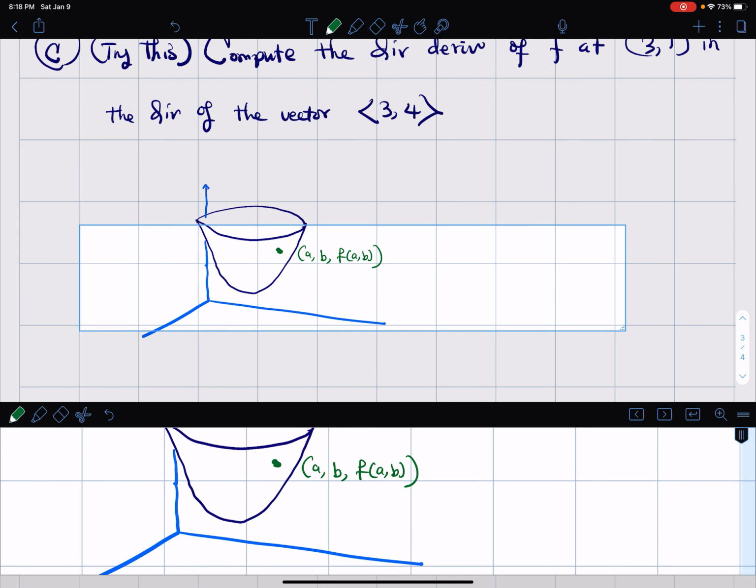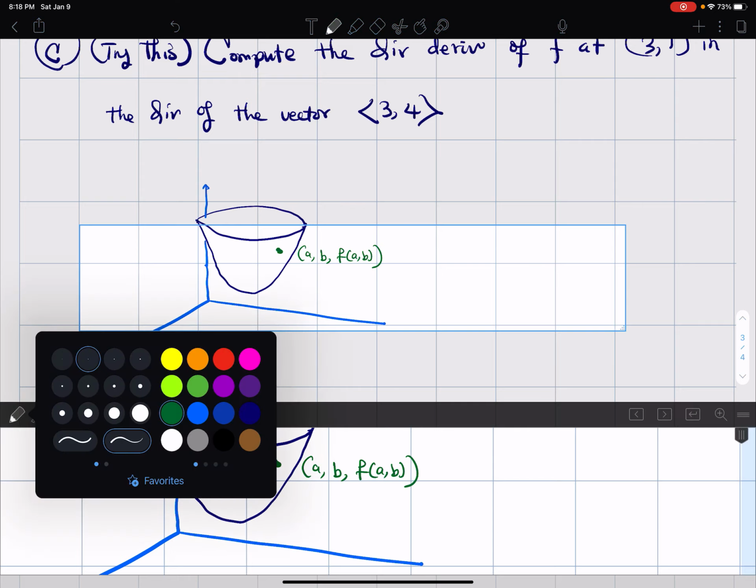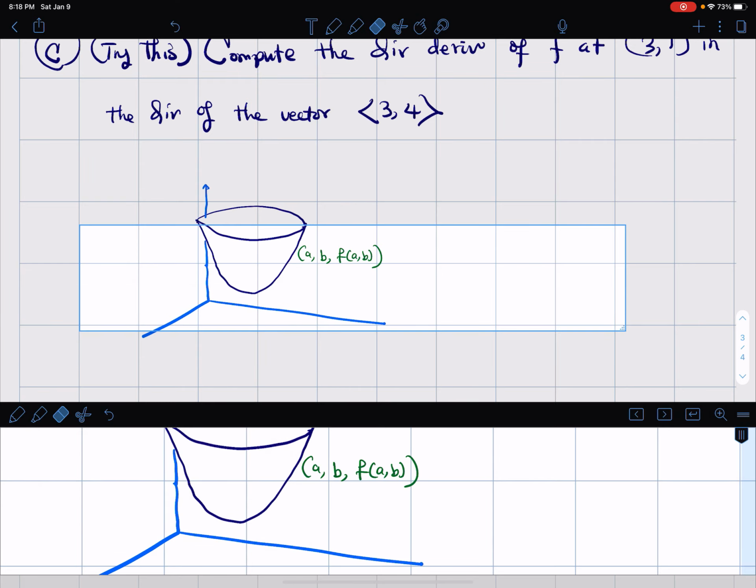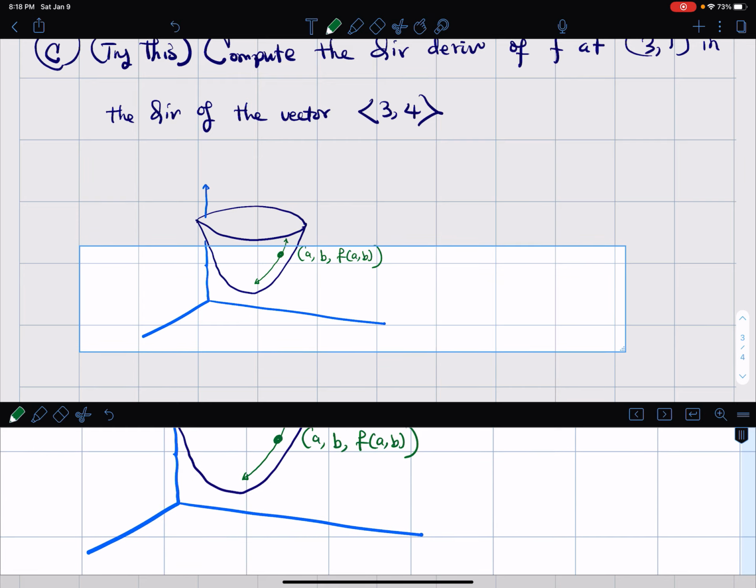All right? And you want to keep climbing along this paraboloid. You want to go up. Sometimes you might want to go down. We like to ask the question: what direction do you take?